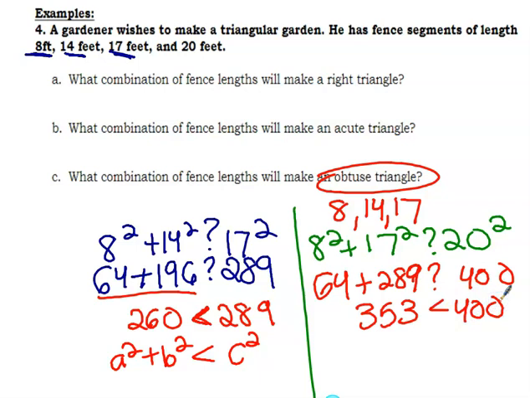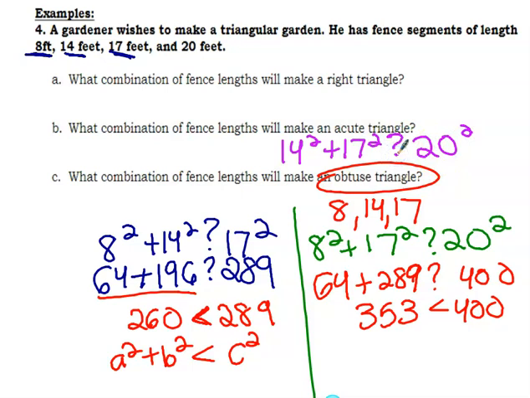Well, let's step it up a notch. So that's another obtuse triangle. All right, how would I get an acute? Let's think of the different combinations in order to see what we can do. So let's try 14, 17, and 20 and see what happens.